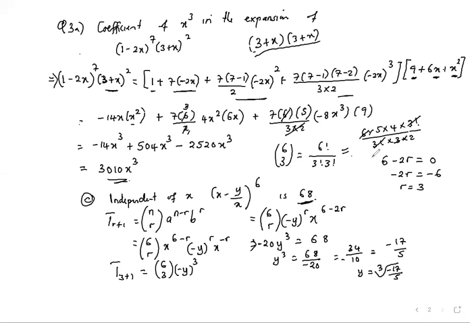So here we are calculating that value. 5 times 4 is 20. The negative is coming from the negative part. All right, thank you.